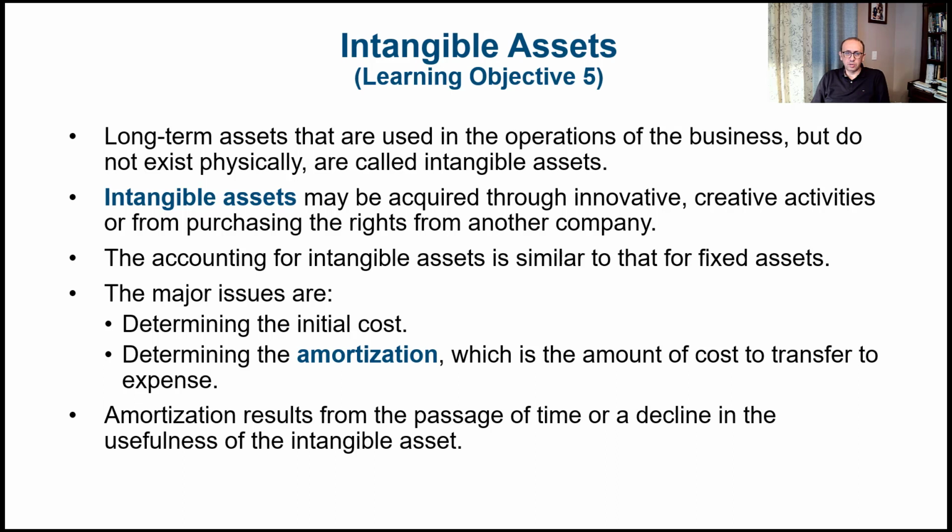Just to give you a simple idea, something like a copyright or a patent for an idea, or we'll talk also about something called goodwill. All of these are considered to be part of the intangible assets. Intangible assets may be acquired through innovation, creative activities, or from purchasing the rights from another company.